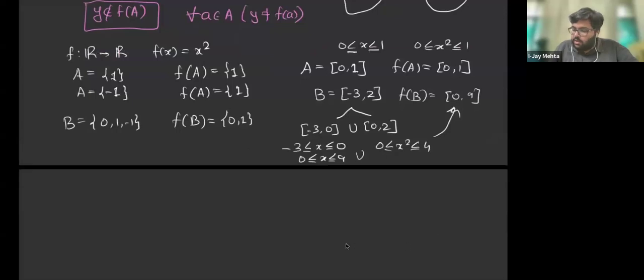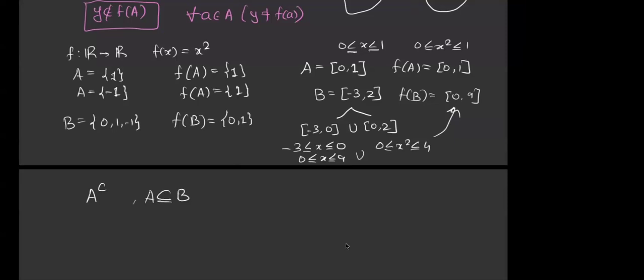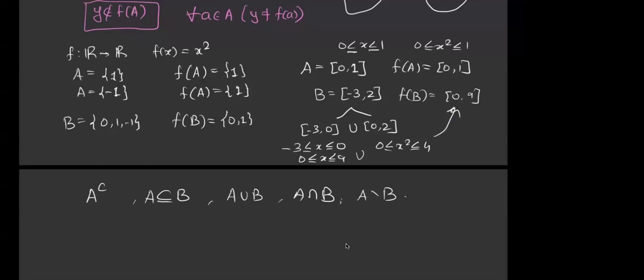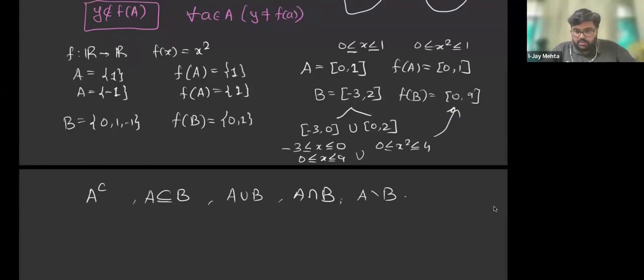Complement. I can take complement, right? Any other thing? A is there, I can talk about A complement. Then I have two sets, I can talk about subsets, union and intersection, right? And also in discussion, there was set difference. So there are many operations in sets, right?